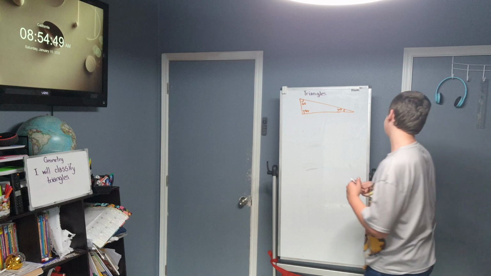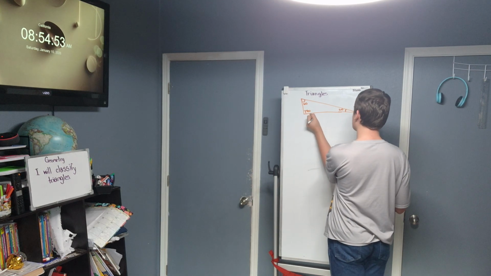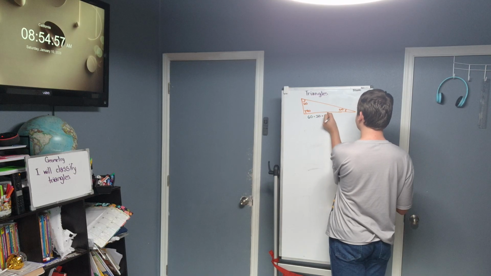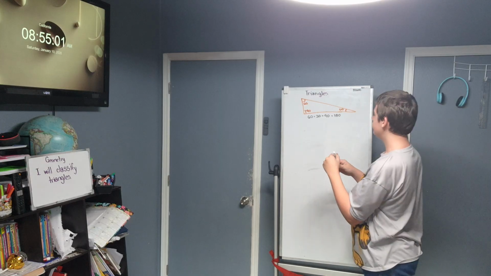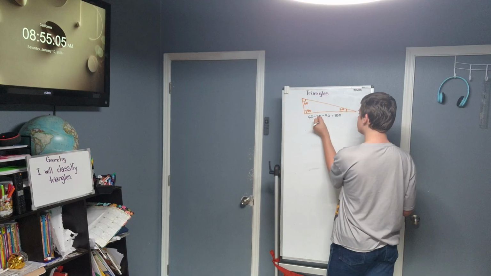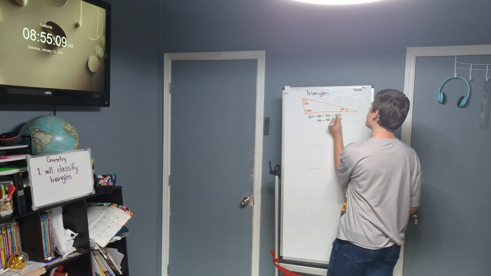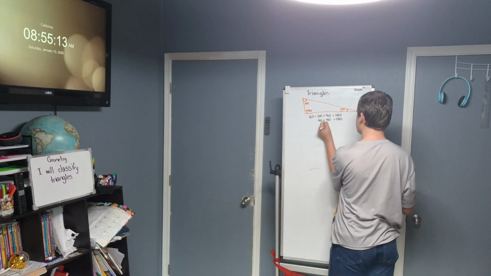So we have 60 plus 30 plus 90 is equal to 180. So 60 plus 30 is 90. Maybe that way equal to 180. So 90 plus 90 is 180.